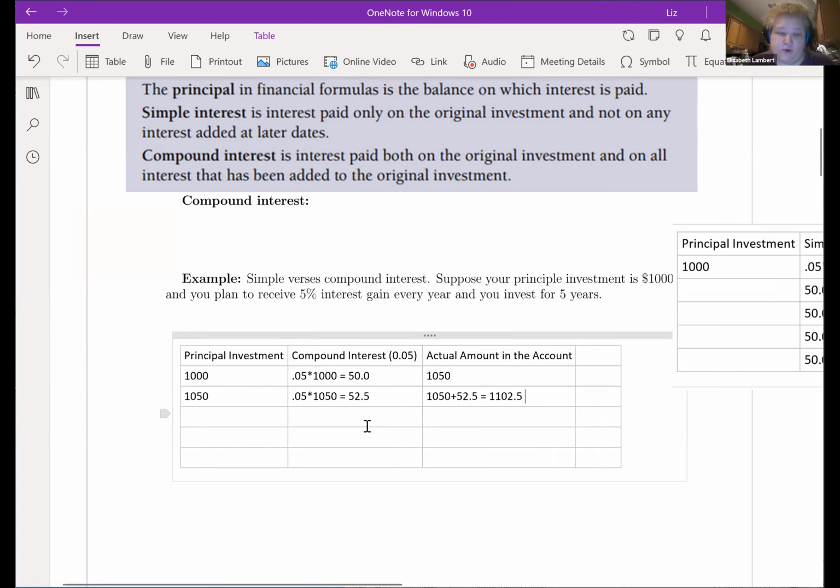Now we have 1102.5. See, in Excel, this is a lot easier because you can set the formula 0.05 times the previous cell, and then the next one you would say this cell above plus this cell here goes here, and you can just copy formulas down, and it's way nicer.